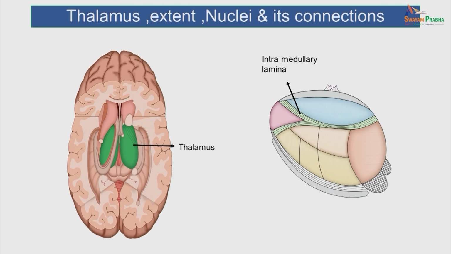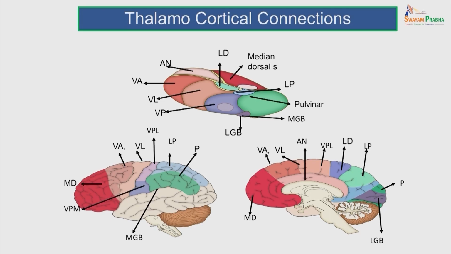So, in the next part of our discussion, we will talk about the thalamocortical connections. So, what are these connections? The different parts of the nucleus, how they are relayed in the cerebral cortex. We have the anterior nucleus, which is relayed in the cingulate gyrus, which is seen on the medial surface of the cerebral cortex.